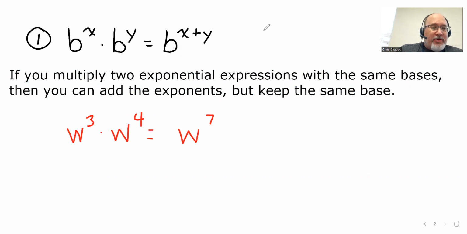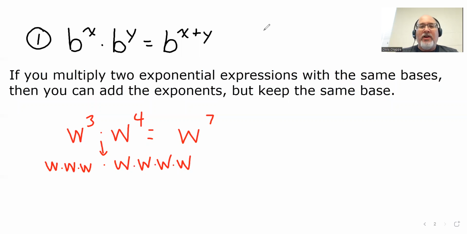But if you were to write out what w to the third power means, w times w times w, and then w to the fourth power, and then bring down the multiplication that joins them together, it's pretty obvious that the exponent is just counting how many times we multiply the w's. So if we multiply it 3 times and then 4 more times, it's a total of 7 times. So that's all that rule says.